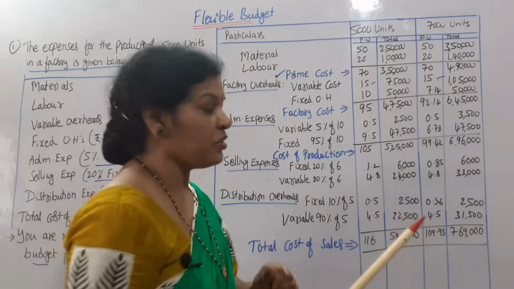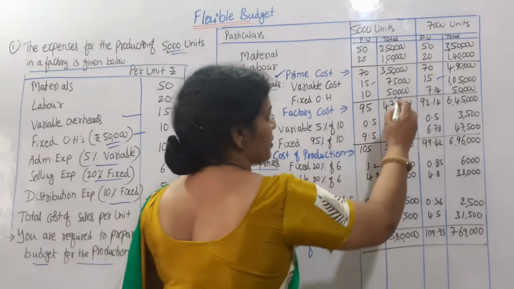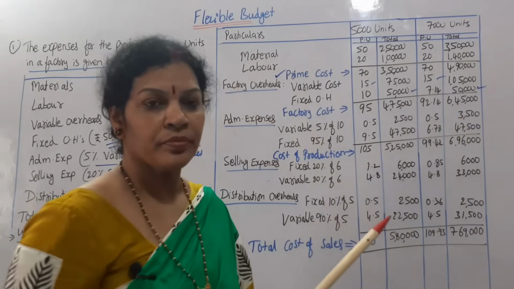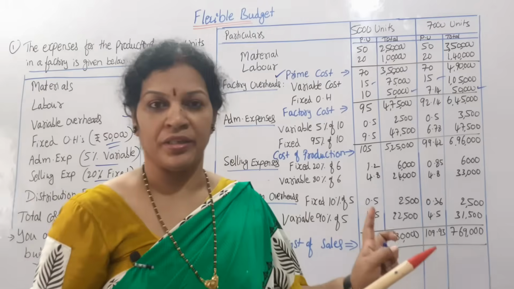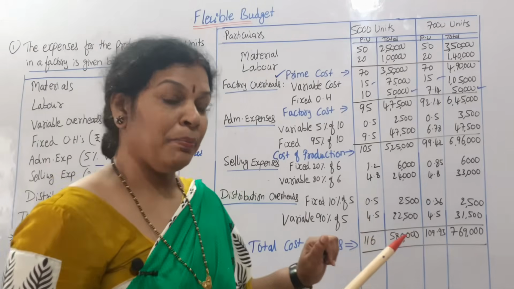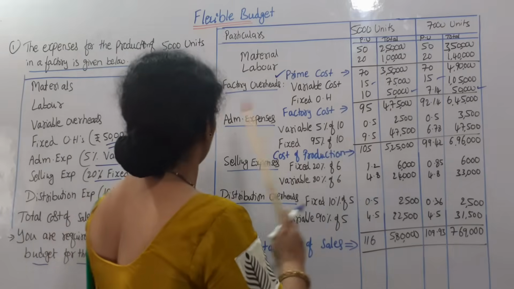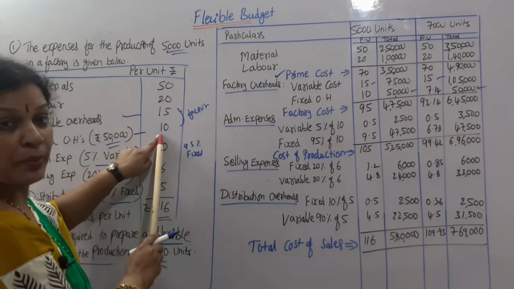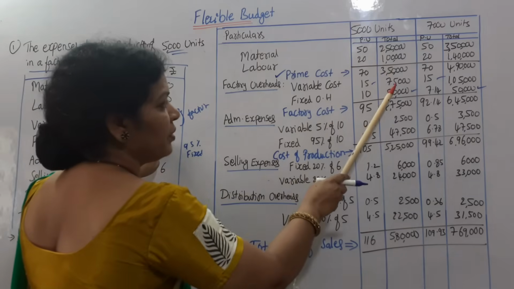Now please focus on this point. This is fixed. Both the sides you have to write 50,000 only. Amount is 50,000 you are writing. Now per unit how do you get? Already it is given, 10 rupees for 5,000.